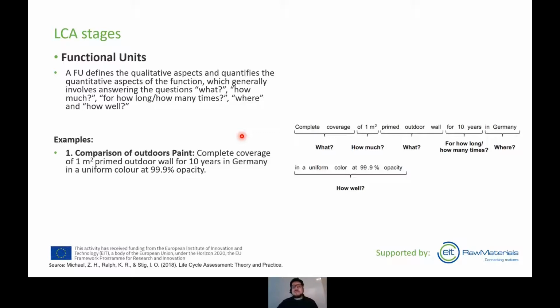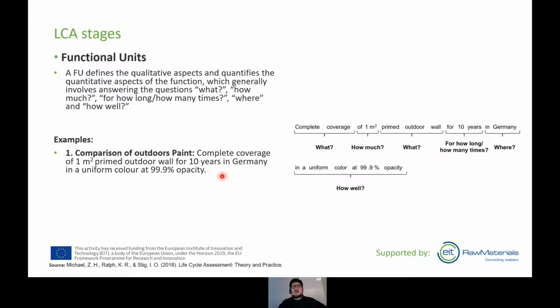For example, in the case of outdoor paint, what is the main objective? What is the function that it has? For the paint, it is to cover a certain surface, which can be measured in square meters. And that's why we consider the complete coverage of 1 square meter outdoors for 10 years in Germany, with uniformity of the color and 99.9% opacity.